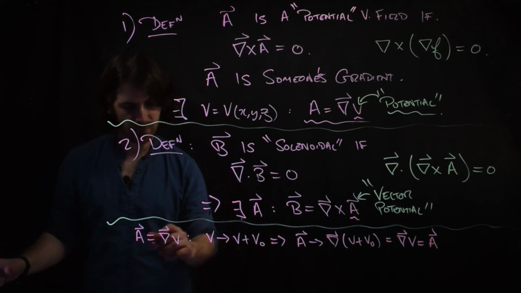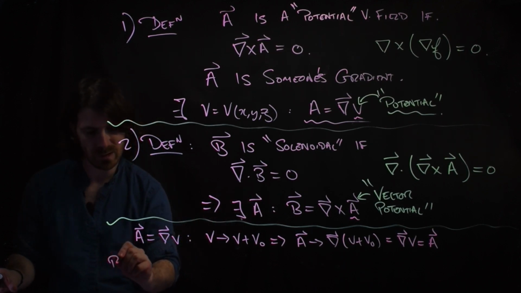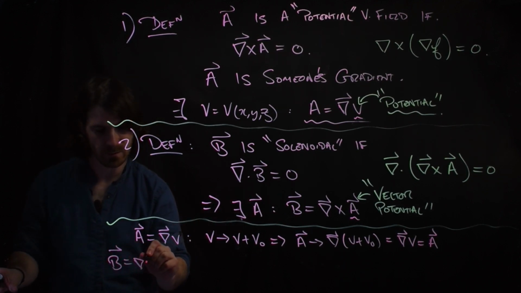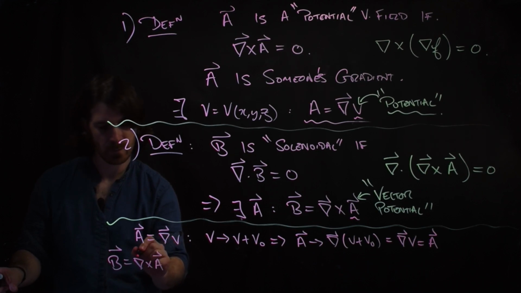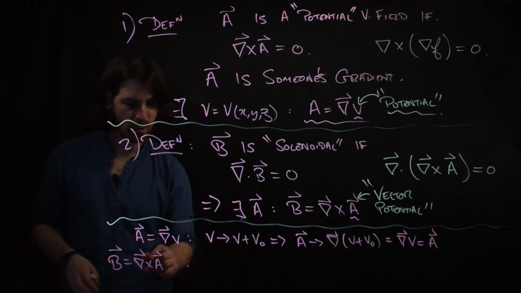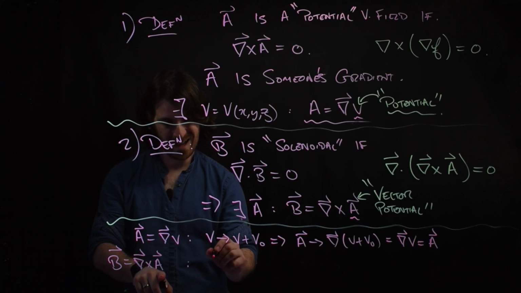Similarly, if we think about the vector potential, B is given as curl A. What happens if we change A?